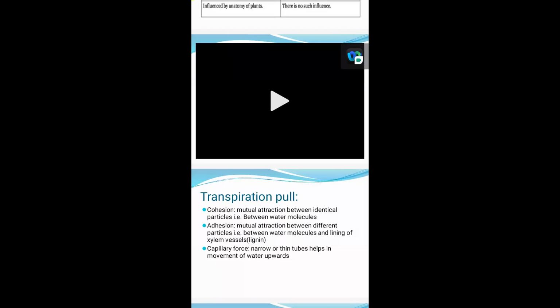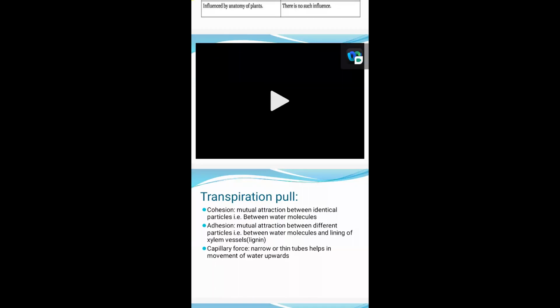Then the adhesion is another one, that is the attraction between different types of particles. Here the different types of particles mean the water molecules and the xylem vessels, that is the lignin. So there is a mutual attraction between the water molecules and the lignin.